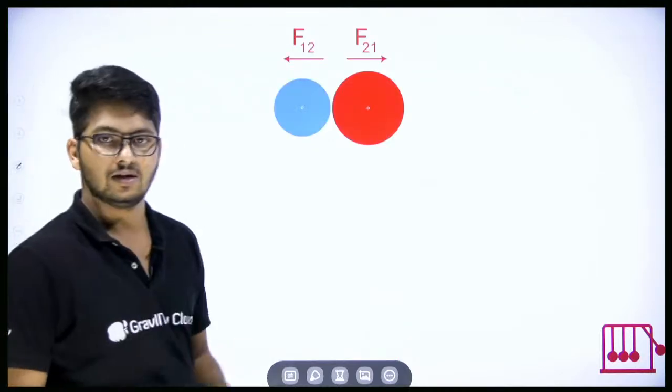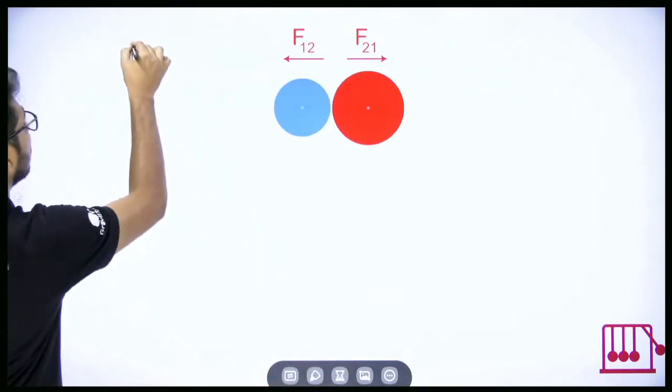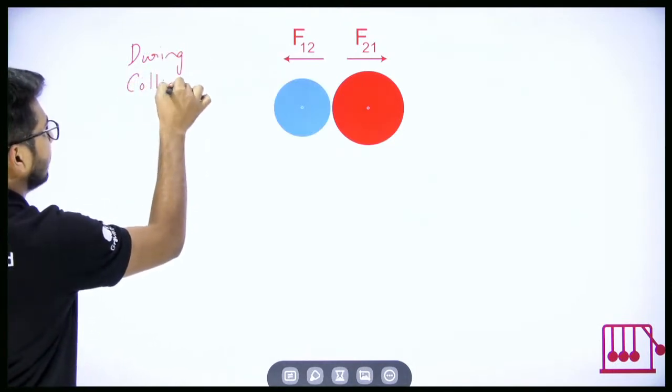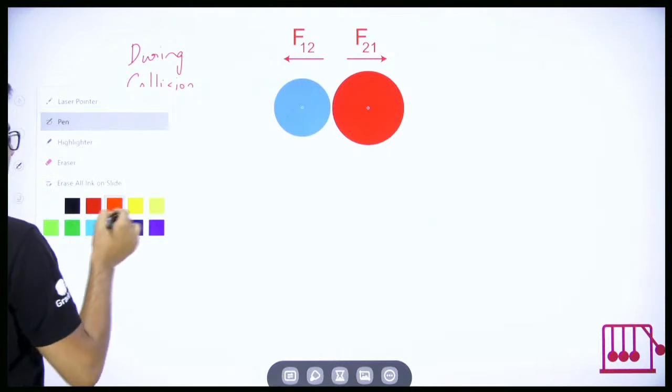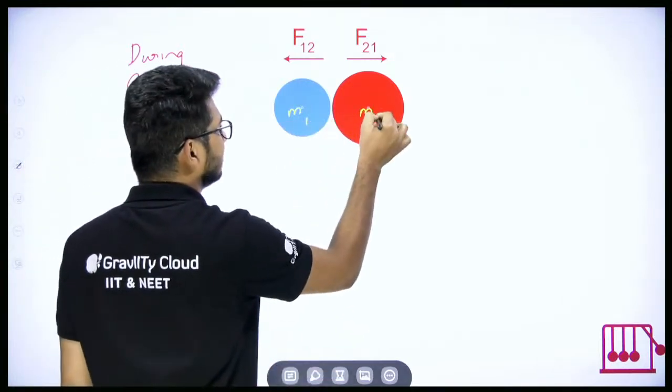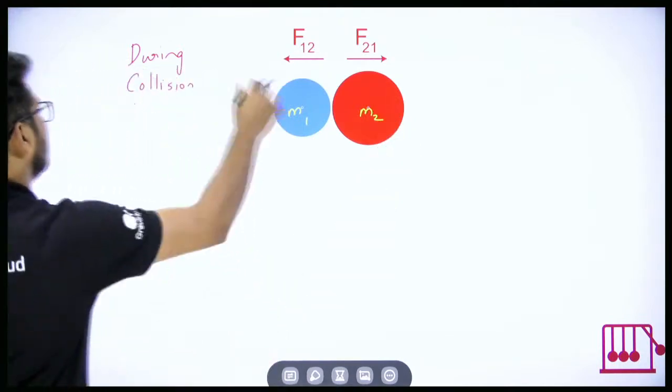Okay. Then this case is during collision. So what happens during collision? The objects exert force on each other. This is m1, this is m2. What is F12?